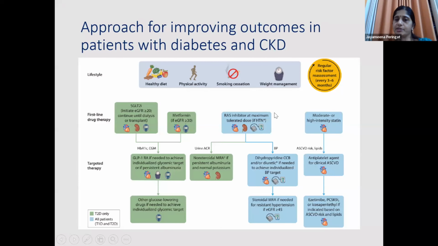For hypertension control, RAS inhibition is first, followed by, if urine ACR is high, adding a non-steroidal mineralocorticoid receptor agonist. If blood pressure is high, try a dihydropyridine calcium channel blocker or a diuretic, and if needed, a steroidal mineralocorticoid receptor agonist. And a moderate to high intensity statin, depending on the underlying atherosclerotic risk.